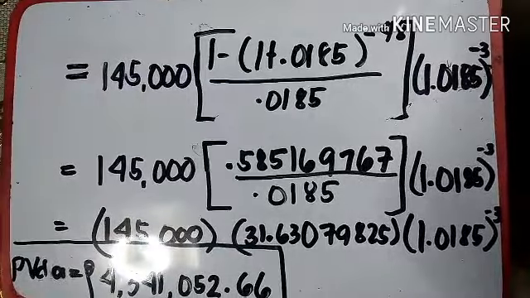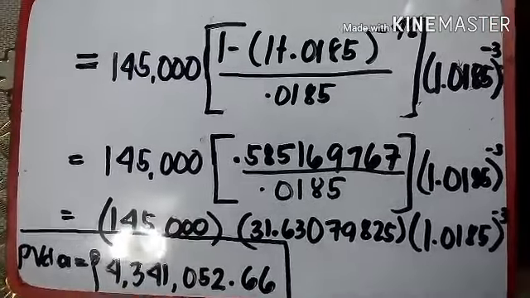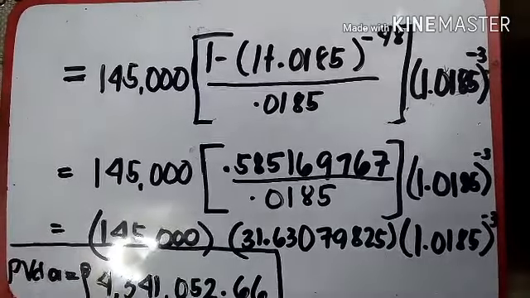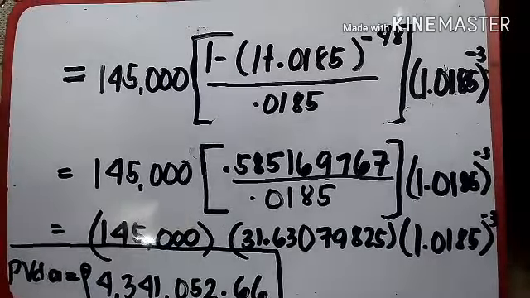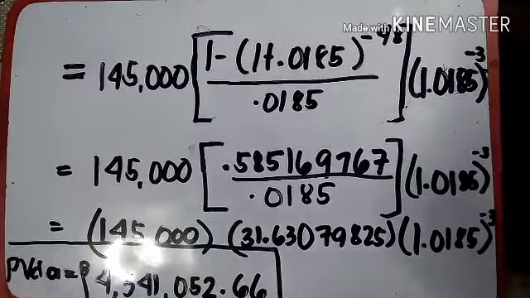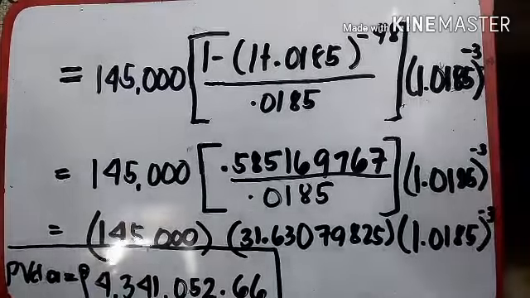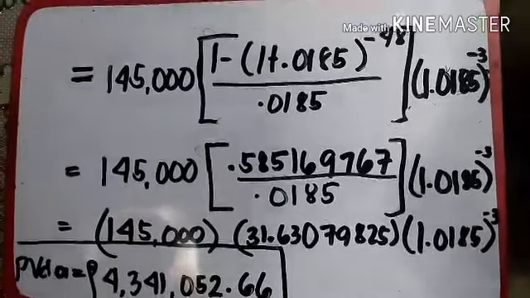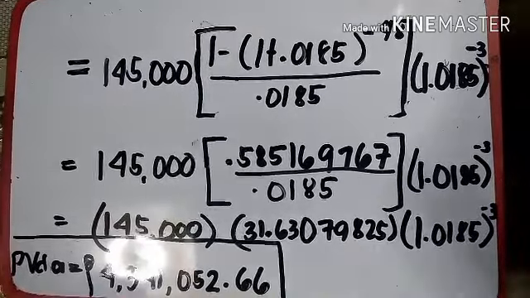And then 145,000. To solve for the upper solution, we have 1 minus (1 plus 0.0185) raised to negative 48. We get 0.585169767 over 0.0185 times 1.0185 raised to negative 3.